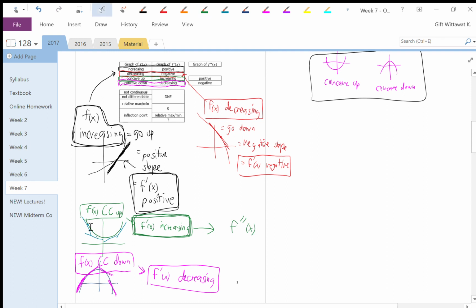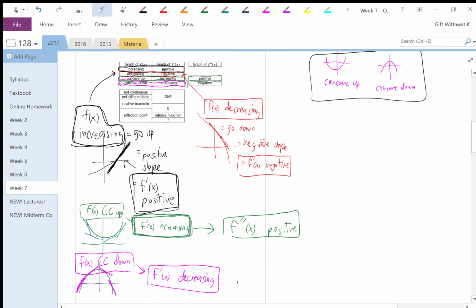So if my function is concave up, the derivative is going to be increasing. But because the derivative is increasing, when I take the derivative again, I'm going to get the second derivative. And this second derivative has to be positive. So I get this extra column in my table there.